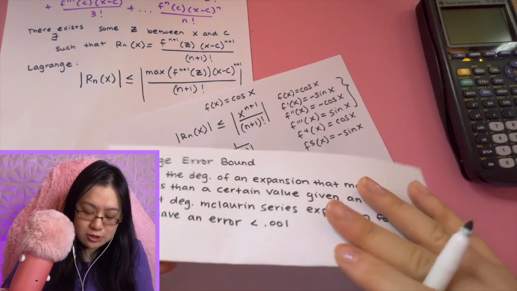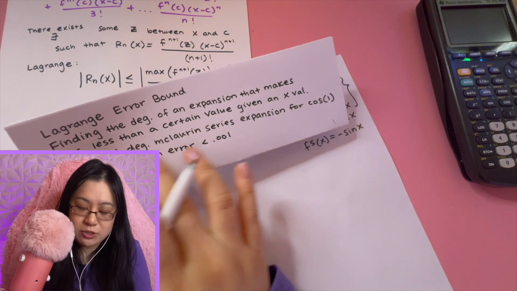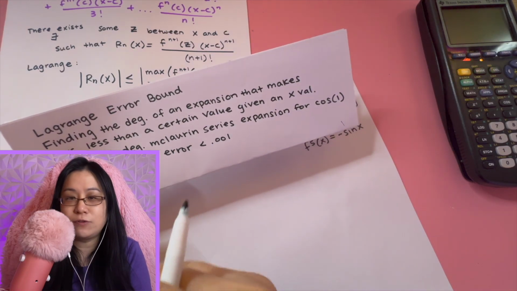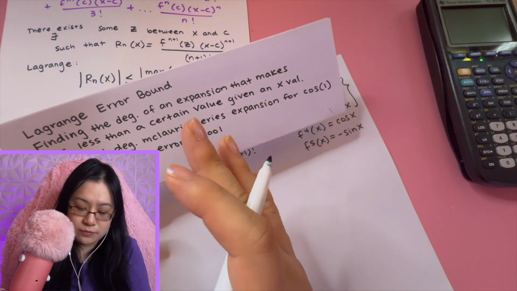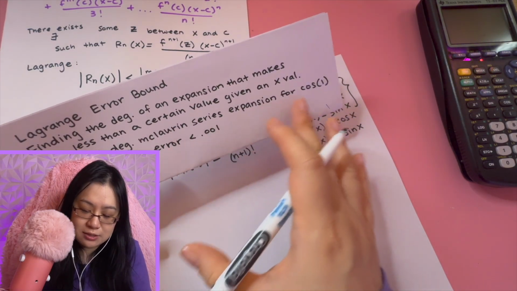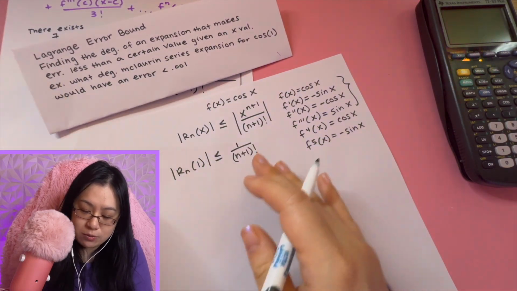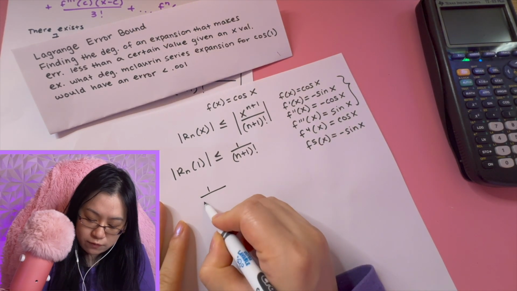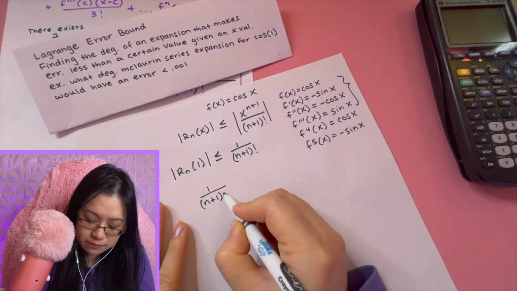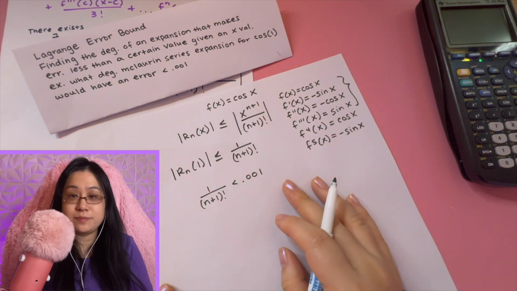So if the question is then what degree Maclaurin series expansion, in particular I'm assuming we're talking about the first or the smallest degree, what's the first degree that makes the error less than 0.001. So we're kind of working backwards here. We want to know what n makes 1 over n plus 1 factorial less than 0.001.